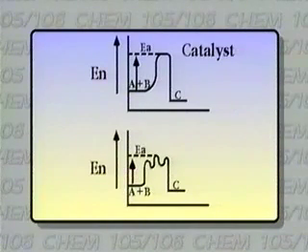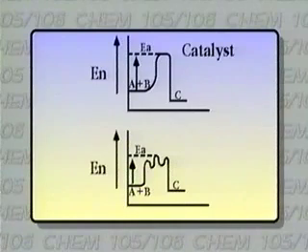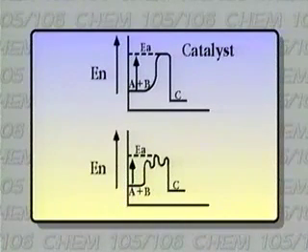And because of that then, at the same temperature, a greater number of particle collisions are effective. And so we have then increased the reaction rate by increasing the percent of effective collisions at the same temperature.